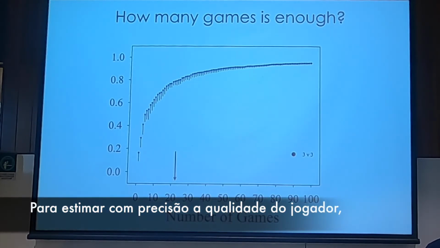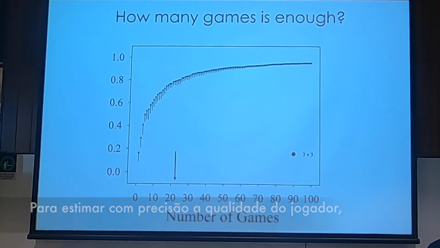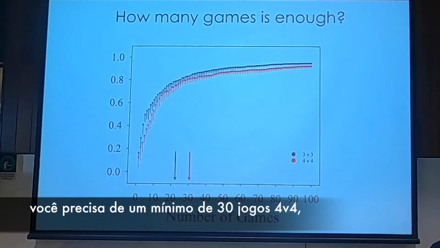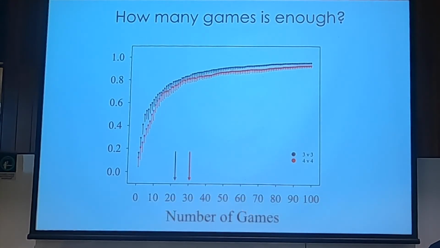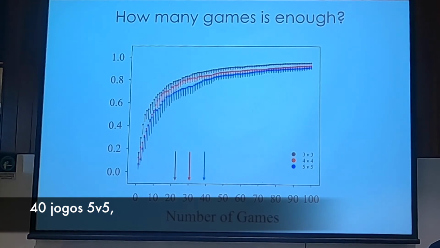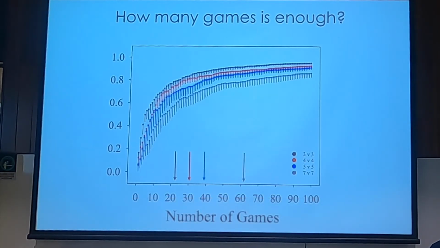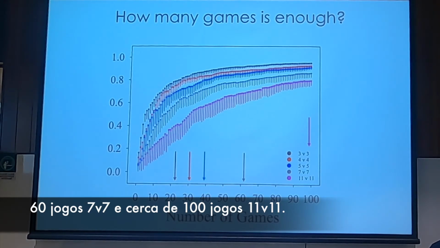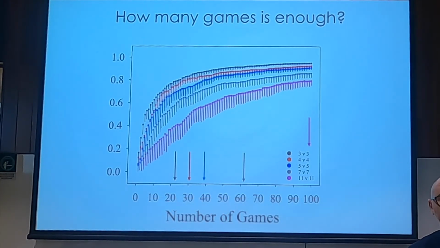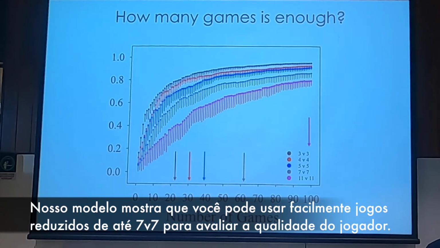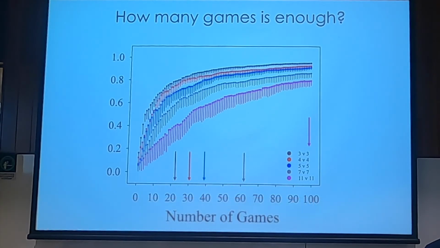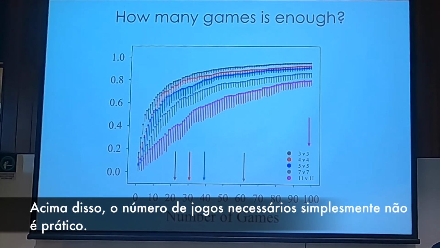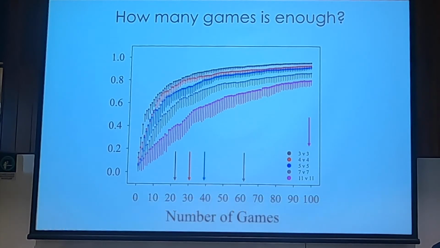To accurately estimate player quality, you need a minimum of 30 4 versus 4 games, 40 5 versus 5 games, 60 7v7 games, and close to 100 11 versus 11 games. Our model shows that you can easily use small-sided games up to 7v7 to assess player quality. Above that, the number of games required just isn't practical.